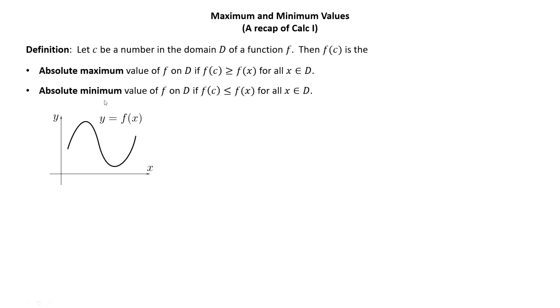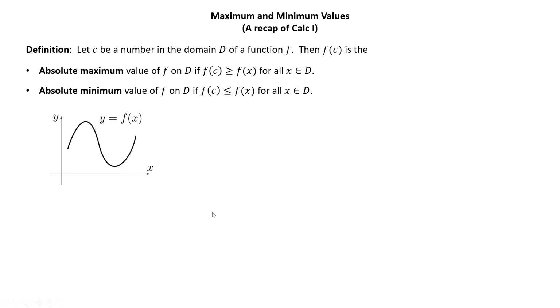Here, pictorially, obviously, here is where the function has the maximum value. And so the corresponding x, that c, let's call it c1. c1 is where you have the absolute maximum. Cool. And c2 is where we have the absolute minimum.